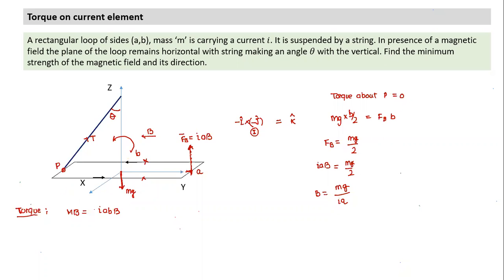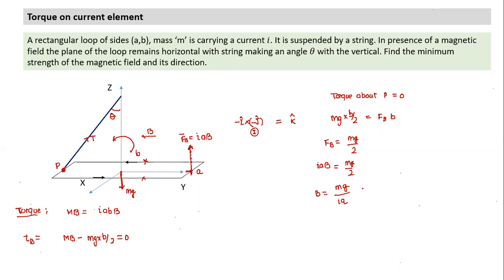So again, if this is the torque acting, I take the net torque about the point to be 0. I would take this as an anti-clockwise torque, which is MB, minus the torque due to mg into b by 2, equal to 0.